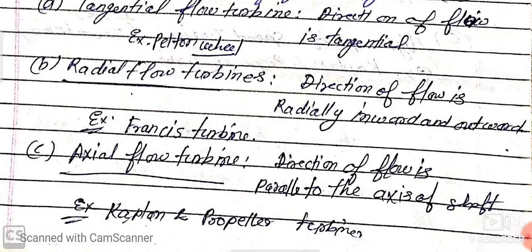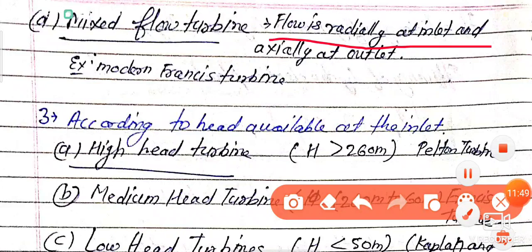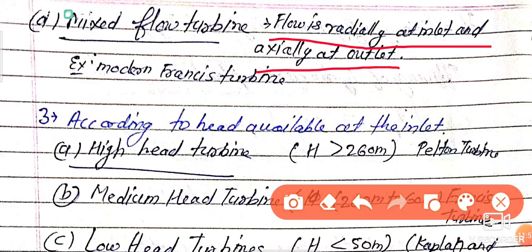For example, Kaplan and propeller turbine is an example of axial flow turbine. Mixed flow turbine: the turbine in which flow is radial at inlet and axial at outlet is known as mixed flow turbine.